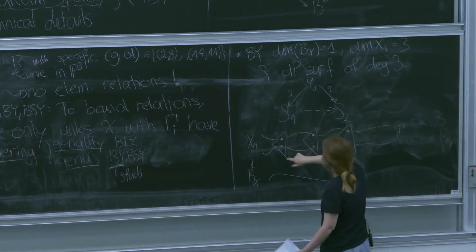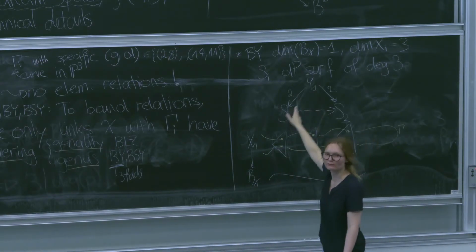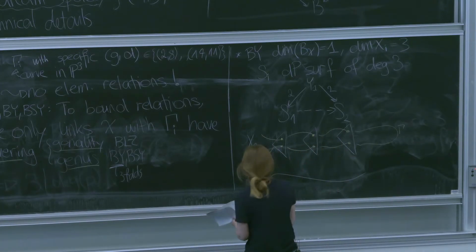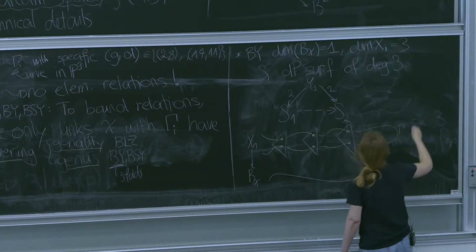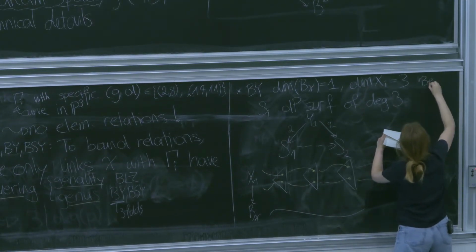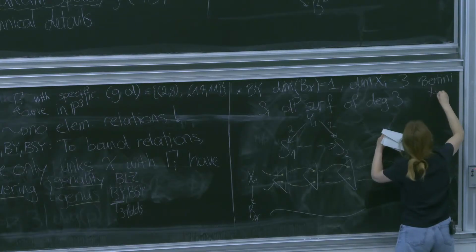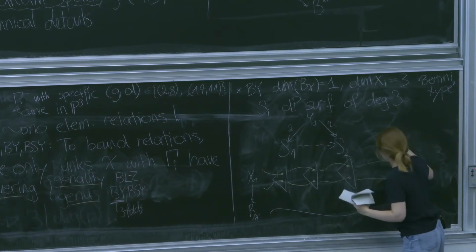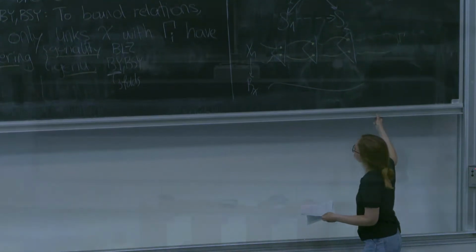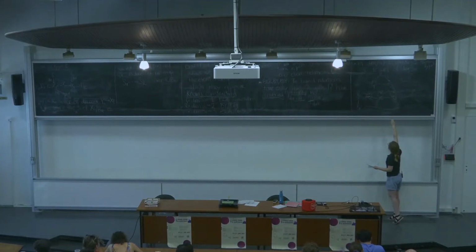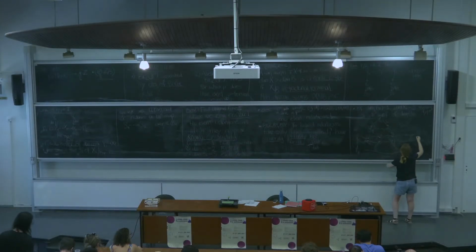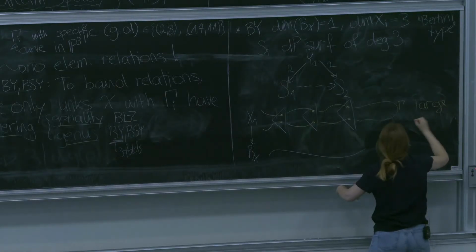And so on the generic fiber, you blow up a point of degree 2, you get this Del Pezzo surface of degree 1, and you contract. So they also call these links Bertini type. And so gamma has a large genus.